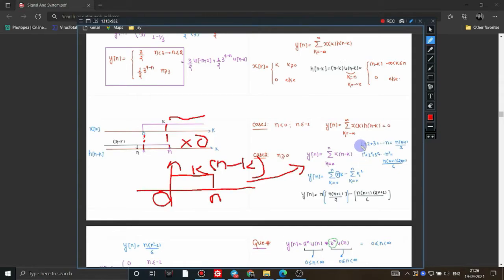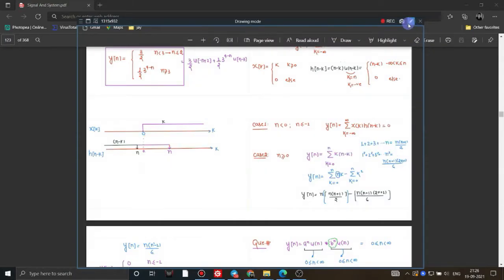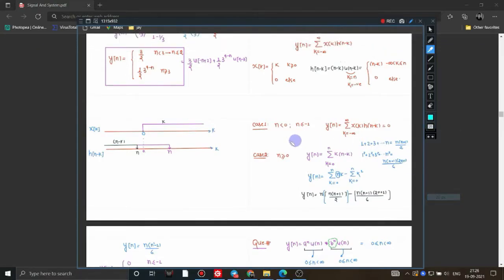Now you have to know these formulas. This is the sum of natural numbers, and this is the sum of natural numbers squared: 1 square, 2 square, 3 square, 4 square.